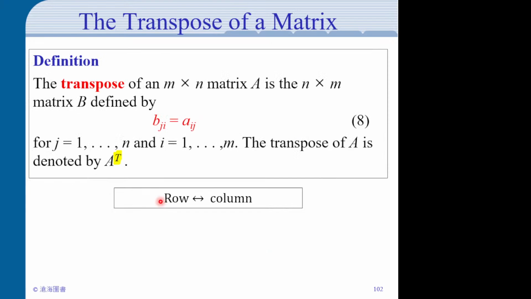Now we have something you might not learn in high school, and that is the transpose operation. If you have an n by n matrix A, then you can define an n by n matrix that is the transpose of A, which we write as A^T. That is, the ij element of A^T is the ji element of A, and you are basically swapping rows and columns.